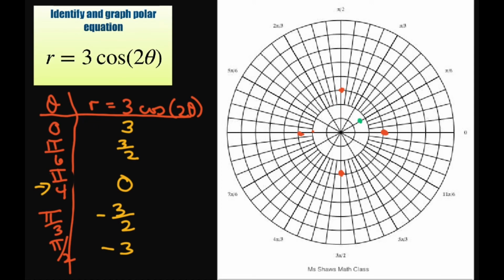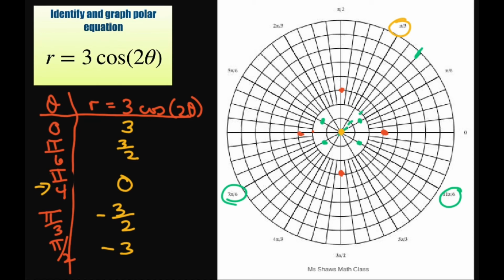This is at pi over 6, so 1.5. Use all your ones with 6's in them, and go out 1.5. All right, and then we have pi divided by 4, which is this one, and it doesn't connect here, and that one is at 0. So at pi over 4, we're at 0 on all 4 places, and at pi divided by 3, so let's see what we have so far.